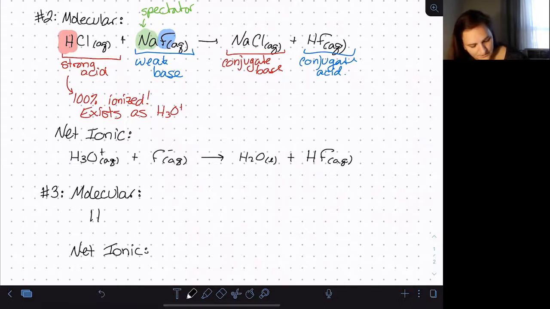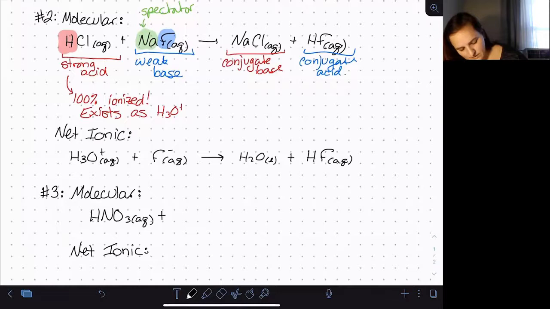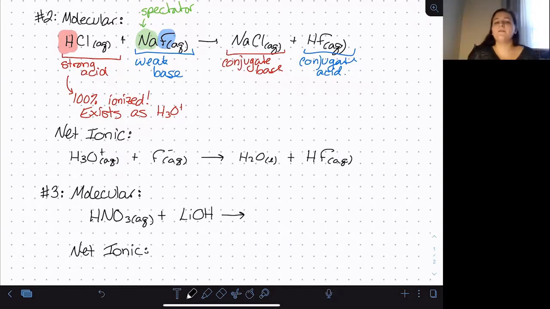For HNO3 reacting with, let's do lithium hydroxide. So why don't you pause here and take a moment and try to predict the products of the molecular equation, and then also write the net ionic equation.